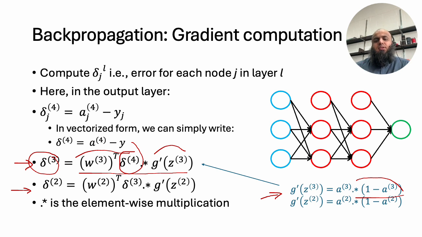So now we see that these computations for the error terms are rather simple, so we have an efficient way of computing these gradients, and then we can use these error terms to compute our partial derivative for J.